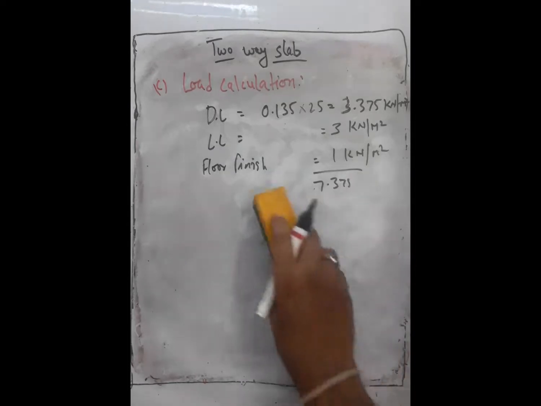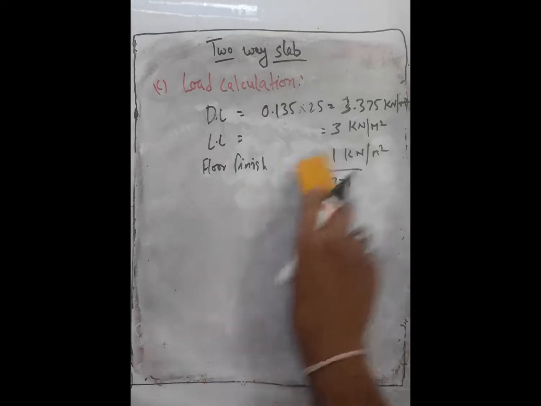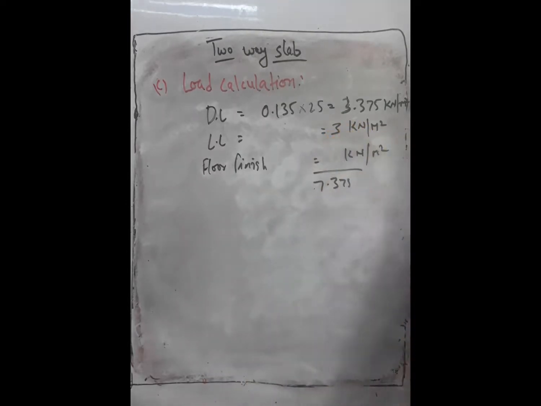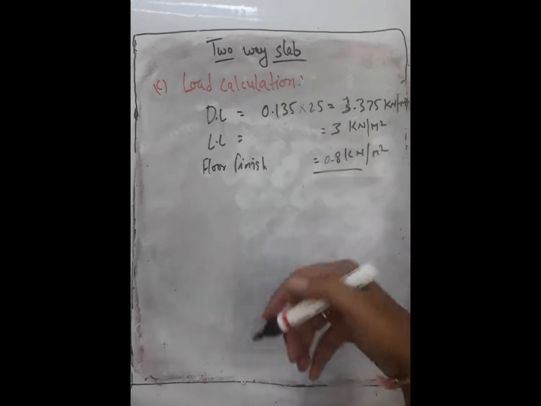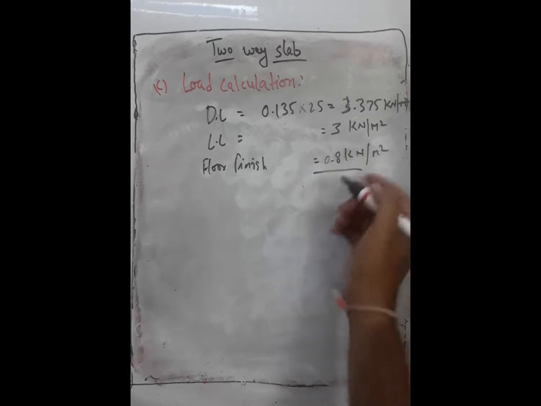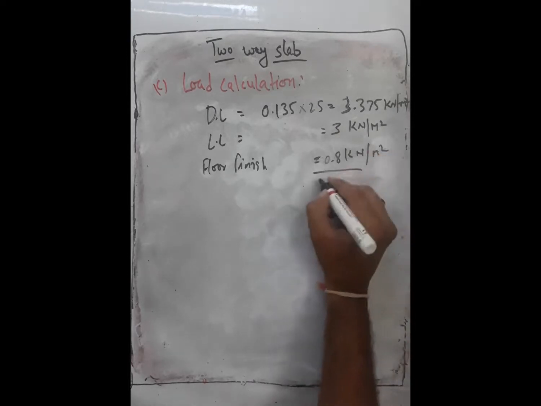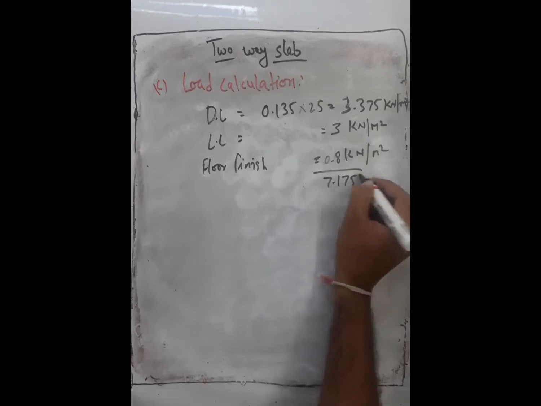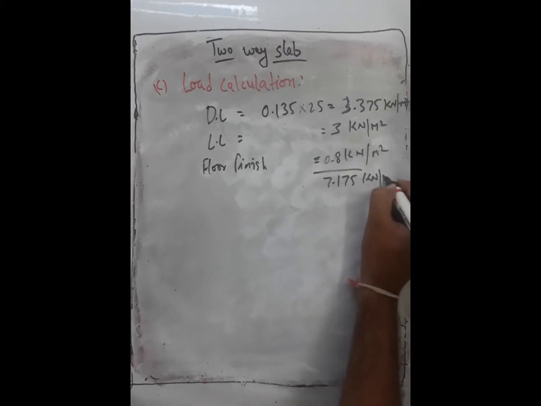Sorry, floor finish is not given here, so I assume floor finish is 0.8. If you have been given 1, then you assume 1, or if you have not been given anything, then you have to assume it yourself. So here I assume 0.8. So here we get 7.175 kilonewton per meter square as a load.